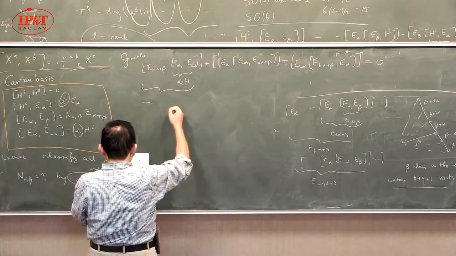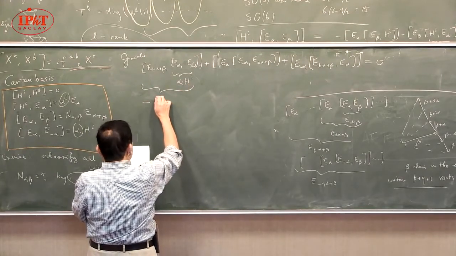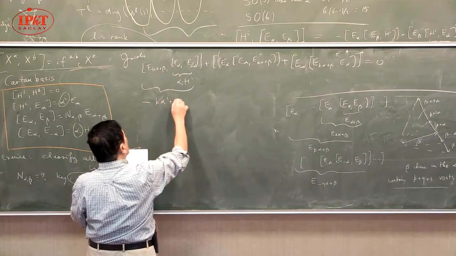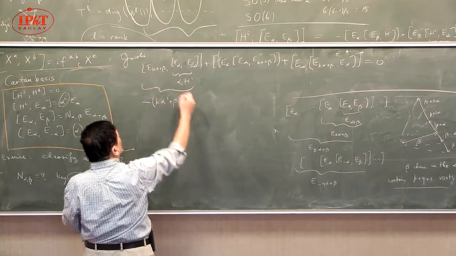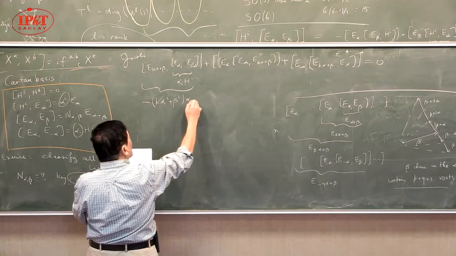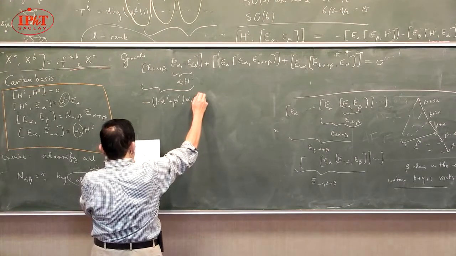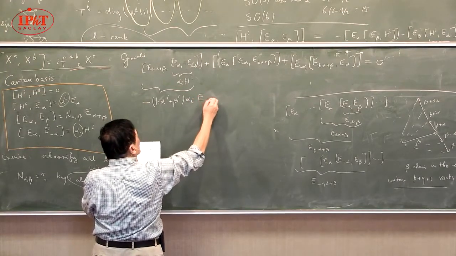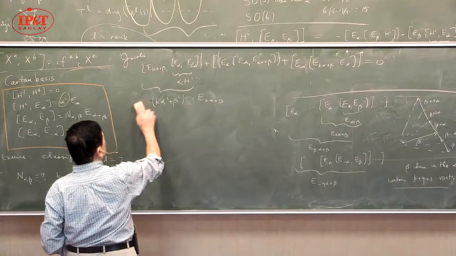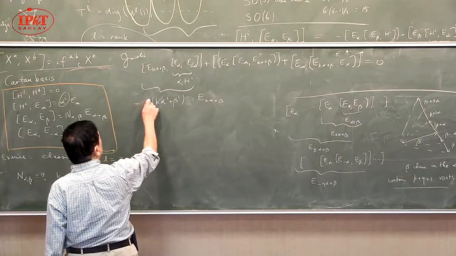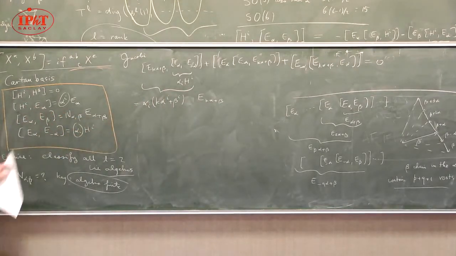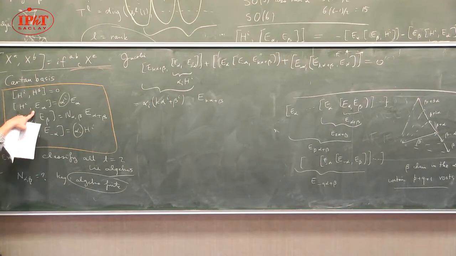The commutator of H with E alpha plus beta is K alpha I plus beta I. It's this vector, right? With alpha I E alpha plus beta. Let me write it like this. It's a little bit less confusing. Minus alpha I. Because E with H, we know, is from this equation.